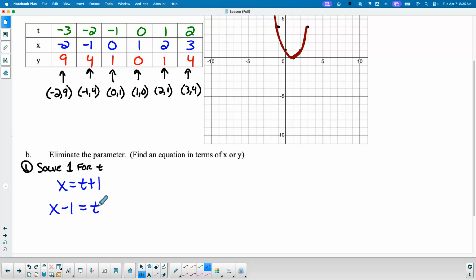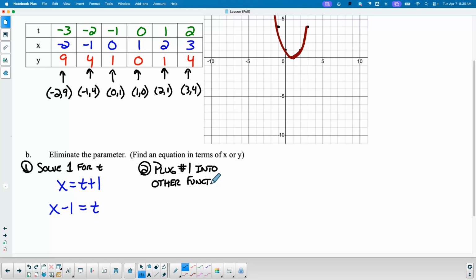And then step number 2 is plug that into the other function. Okay?